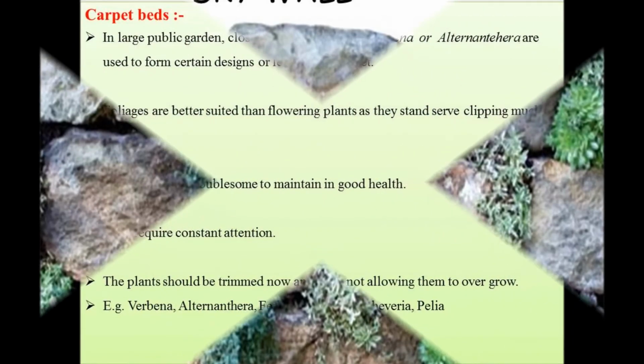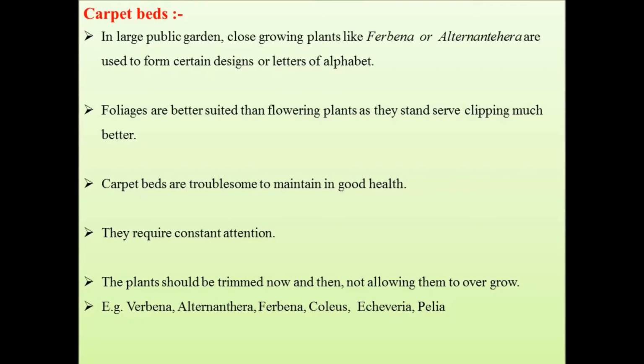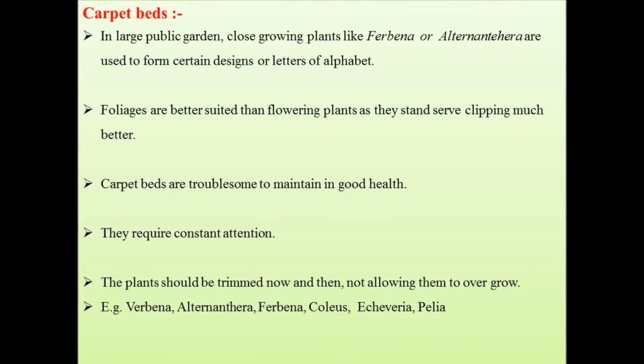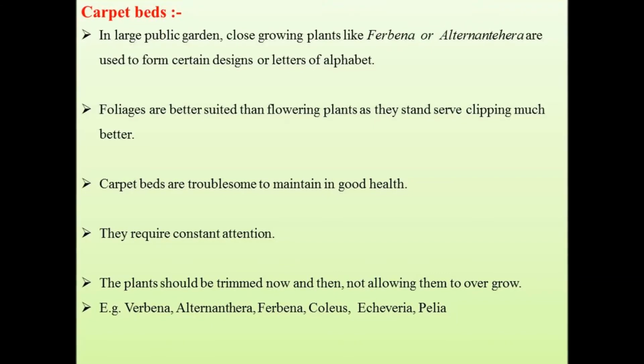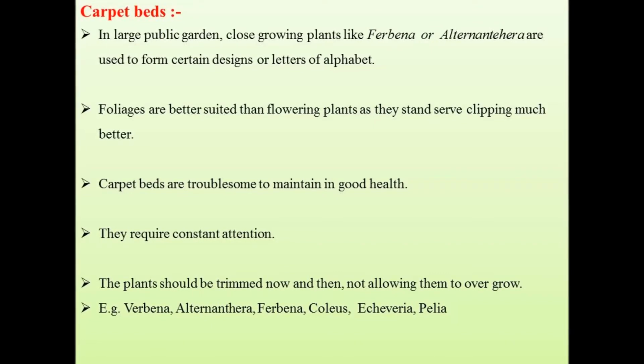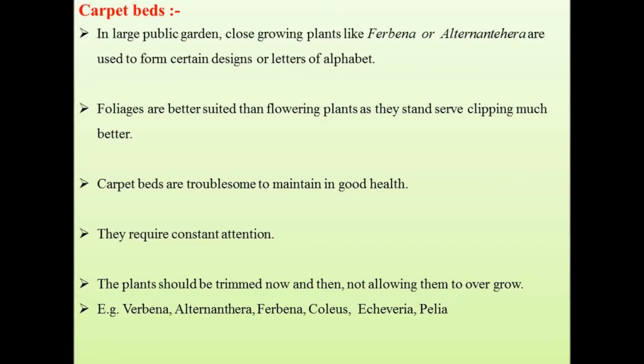Then we discuss the next feature, that is carpet beds or carpet bedding. In a large public garden, closely growing plants like verbena or alternanthera are used to form certain designs or letters or alphabets.